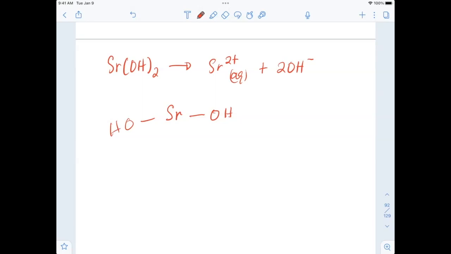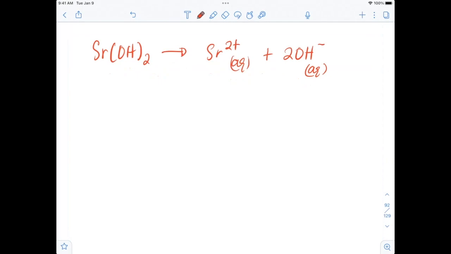So when this gets ionized, this bond breaks, there are 2 hydroxide pieces in the formula. So for every formula that gets processed, you get 1 strontium ion and then twice the amount of hydroxide ions. Just in case you're wondering, if you weren't, then that was just an extra piece of information. For our second one here, ICE, we have 0.0015.